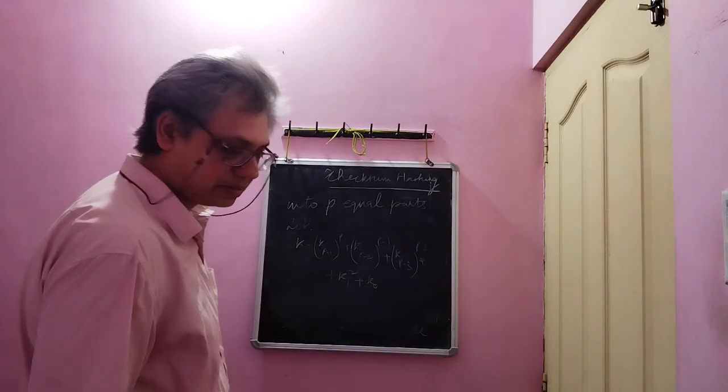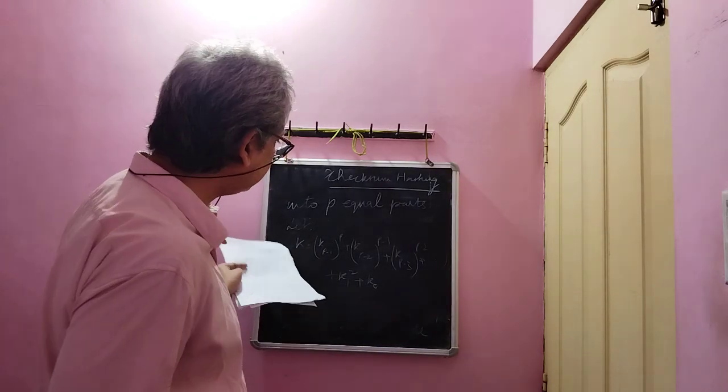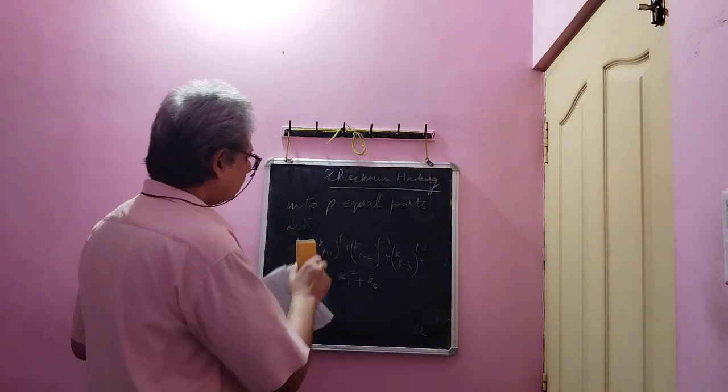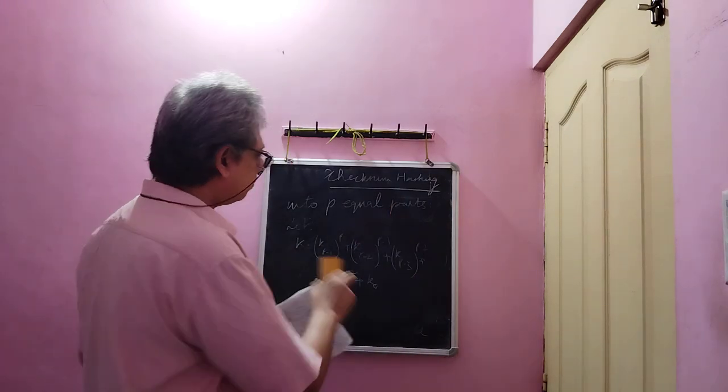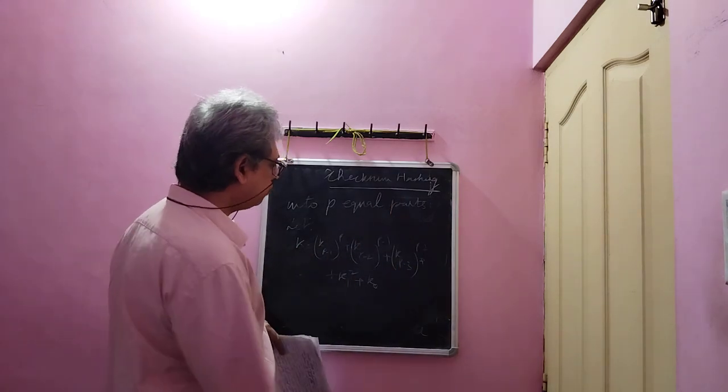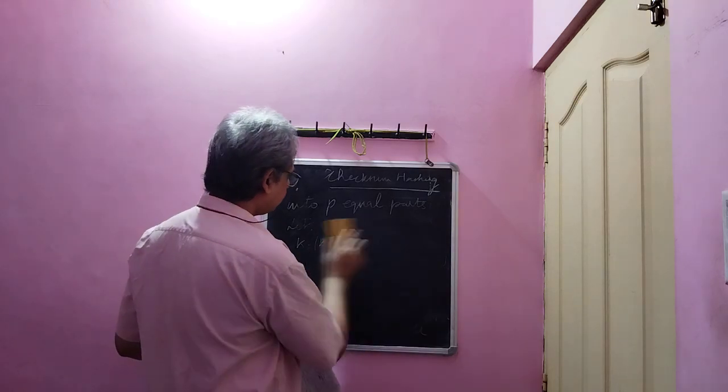So let this key k, or the message part or the information part, be split into p parts like so.